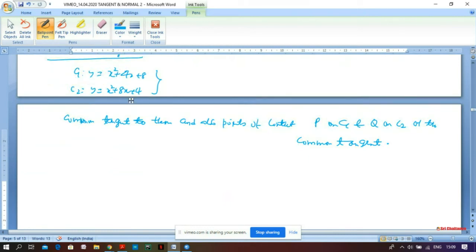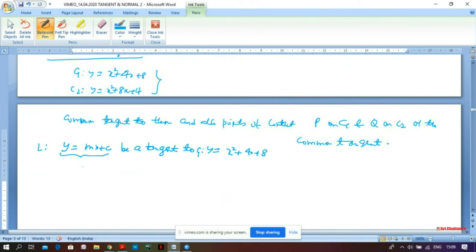I need not draw any diagram. So I will say let the line y equal to mx plus c be a tangent to the curve C1, y equal to x square plus 4x plus 8.